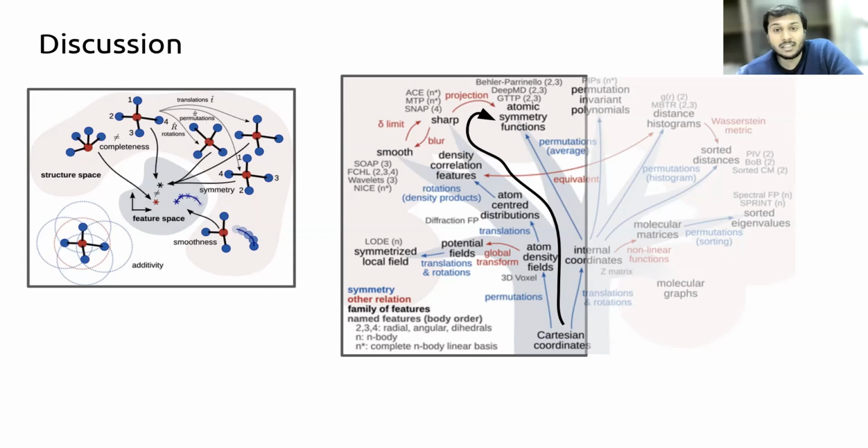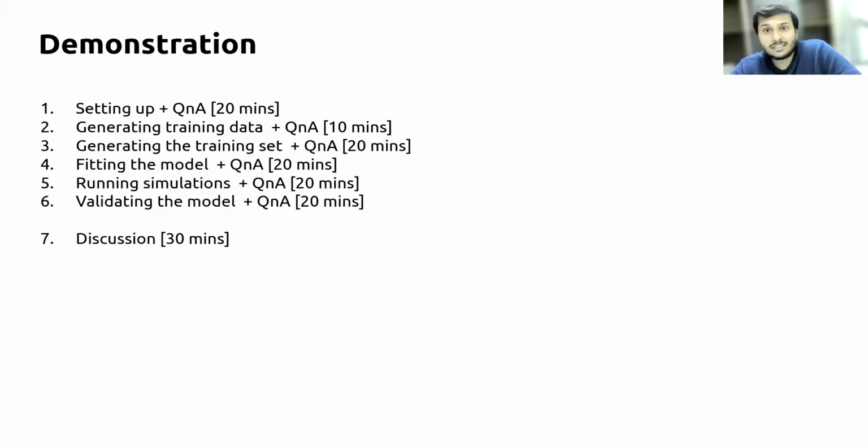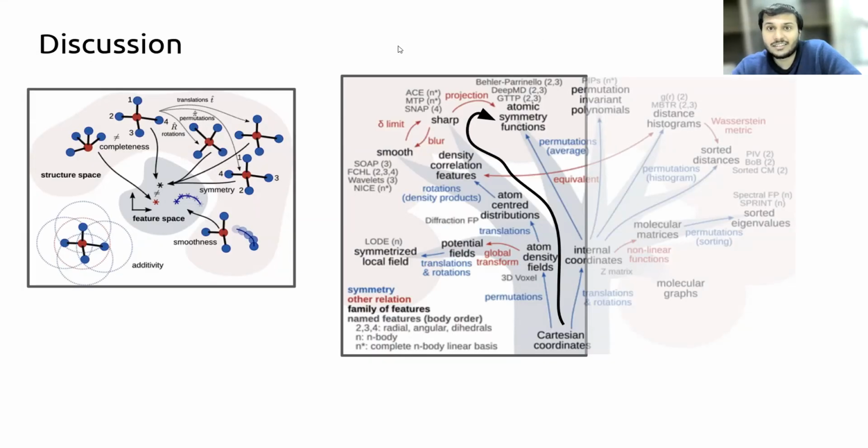And finally, they're all usually based on additivity. So at the end of the day, different models will look very different, but the core features are exactly the same. They take your initial positions and transform them into n-body correlation functions, and they perform some sort of regression on them. And with this, I would like to end the discussion on machine learning potentials.